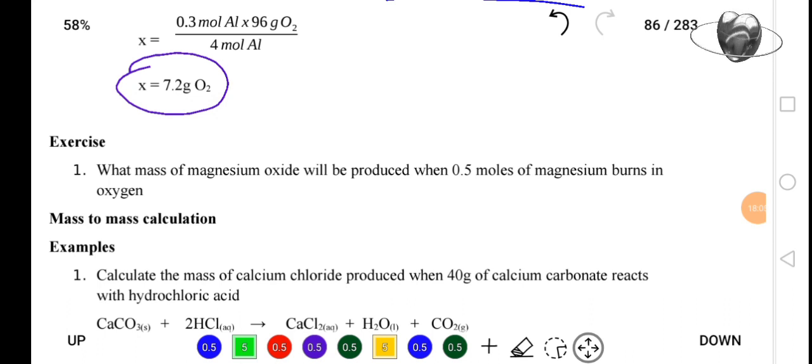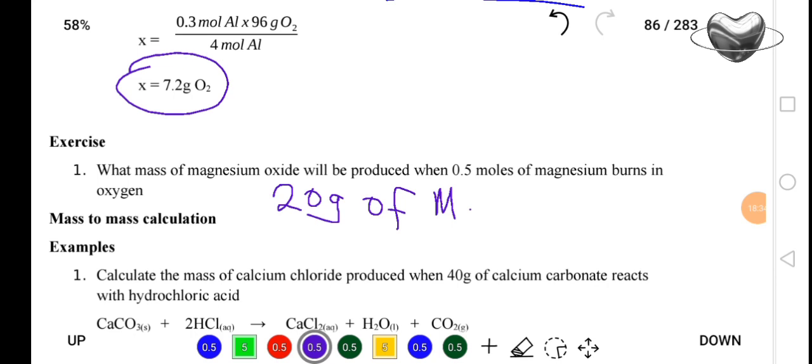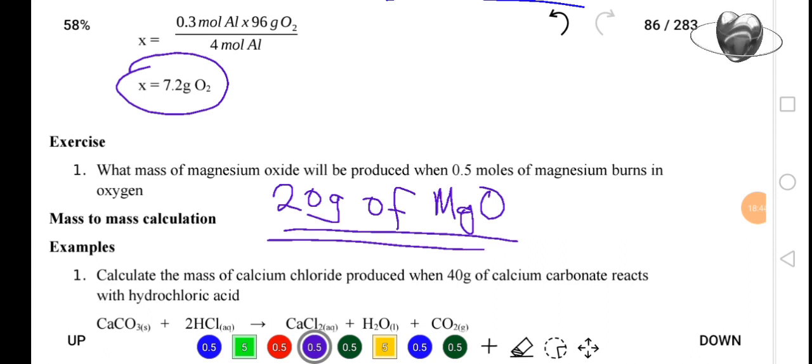When you do the calculations, the expected answer of magnesium oxide that is likely to be produced when 0.5 moles of magnesium burns in oxygen must be 20 grams of magnesium oxide. Remember to construct a well-balanced chemical equation, because this is moles to mass calculations and you must do it from a well-balanced chemical equation.